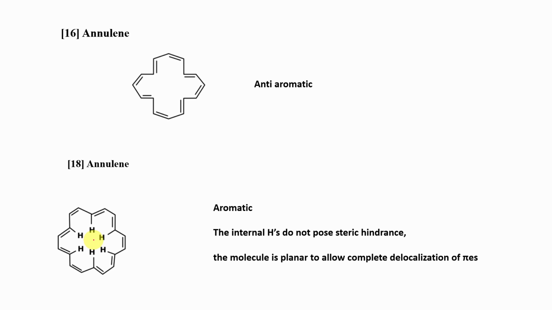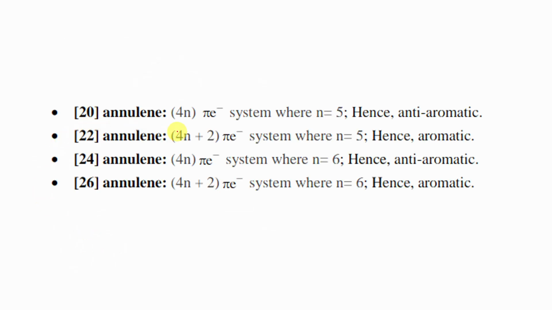For example, see 20 annulene. 20 is a Hückel number with the 4n pi system, and hence it is anti-aromatic. 22 annulene. 22 is a Hückel number with 4n plus 2 pi electrons, and hence it is aromatic. 24 is a 4n pi system, and hence it is anti-aromatic. 26 pi electrons is a 4n plus 2 pi electron system, and hence 26 annulene is aromatic in nature.